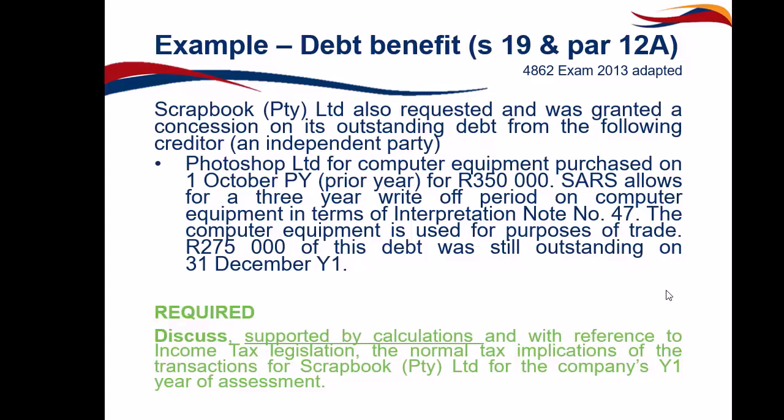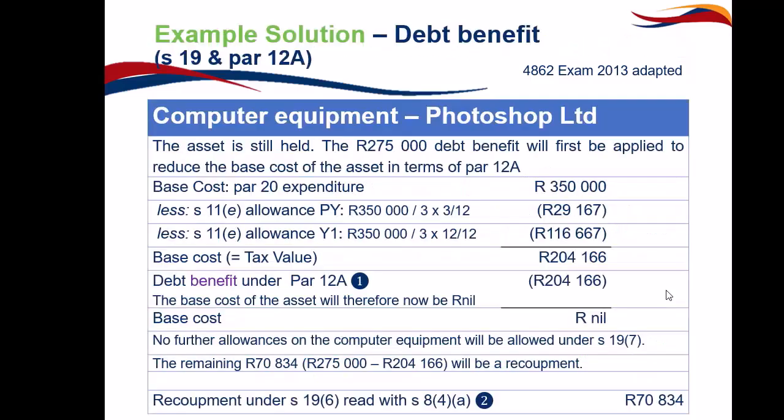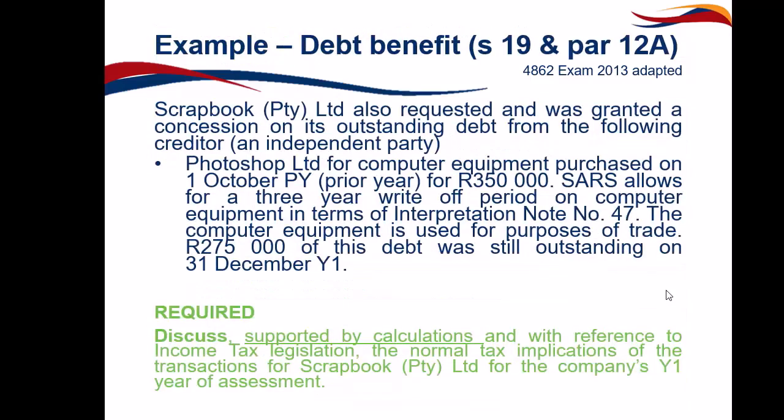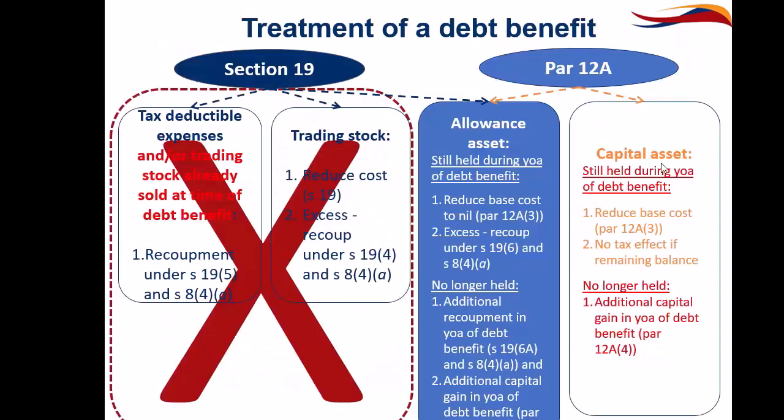And you can see that the debt was used to acquire an asset for which we have received allowances, okay? So now that we've seen that Section 19 is applicable, I'm going to go back to the table, okay? Here's our table. Are we going to come here? No, we're not going to come to Section 19 alone.